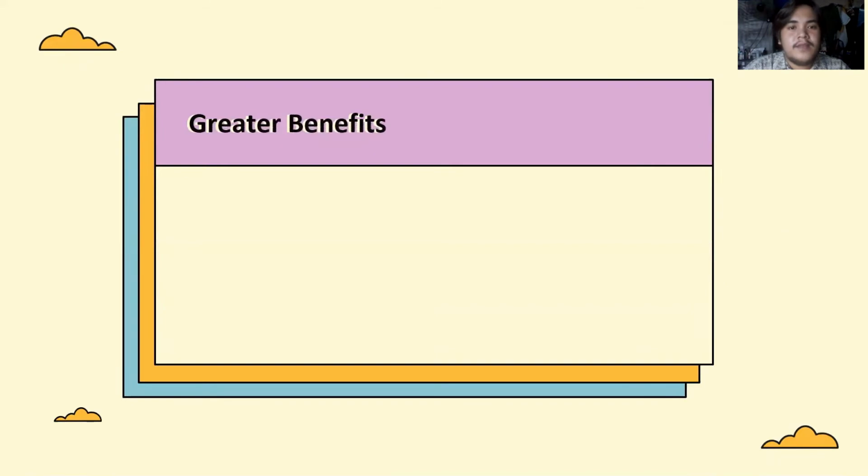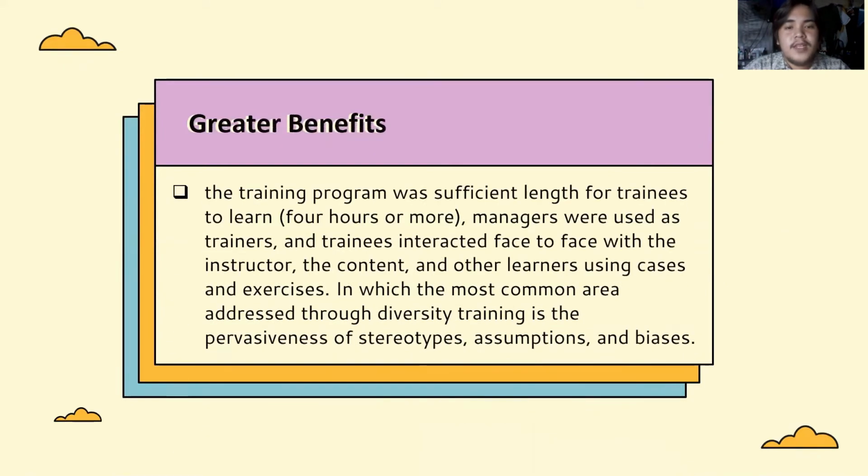The training program was of sufficient length for trainees to learn, 4 hours or more. Managers were used as trainers, and trainees interacted face-to-face with the instructor, the content, and other learners using cases and exercises, in which the most common area addressed through diversity training is the pervasiveness of stereotypes, assumptions, and biases.